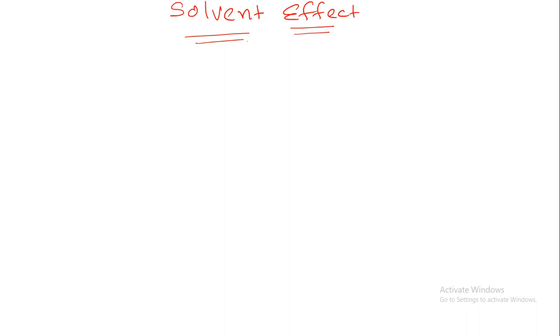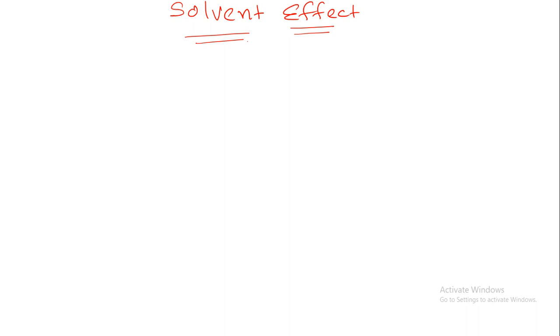Now let us discuss one important topic in UV spectroscopy, the solvent effect. The most suitable solvent is one which does not itself absorb in the region under investigation. A dilute solution of the sample is always prepared for spectral analysis.